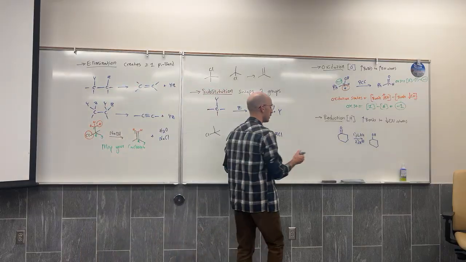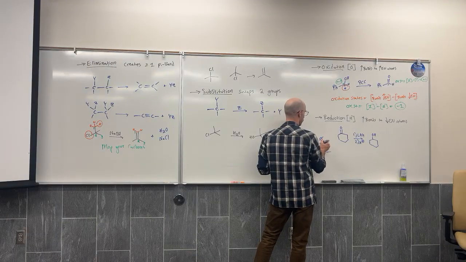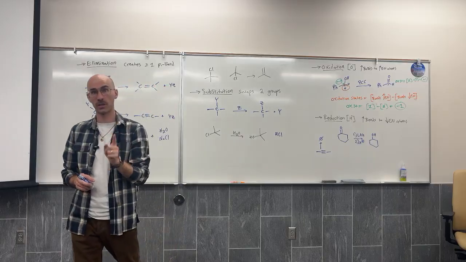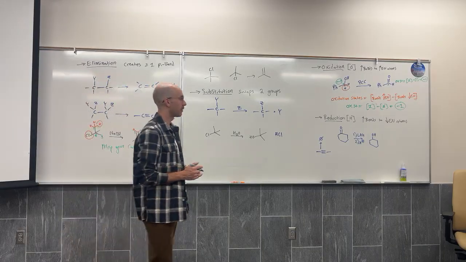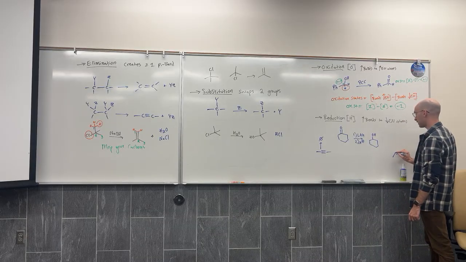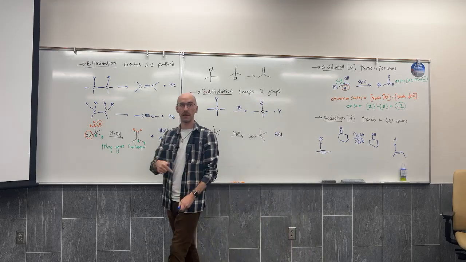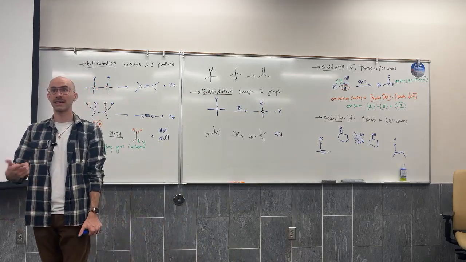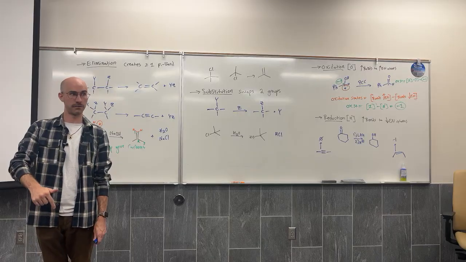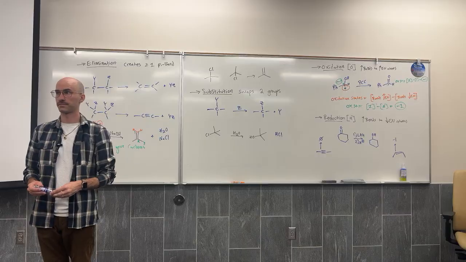Both carbons of the alkyne had an oxidation state of 0 because they were only bonded to carbon. And in the product, they both have an oxidation state of -1. They've been reduced. They've been given electrons. Their oxidation state has become more negative. More negative oxidation state, reduction.